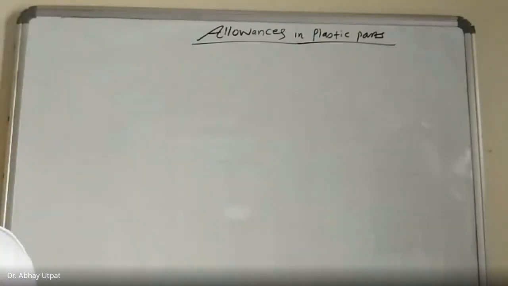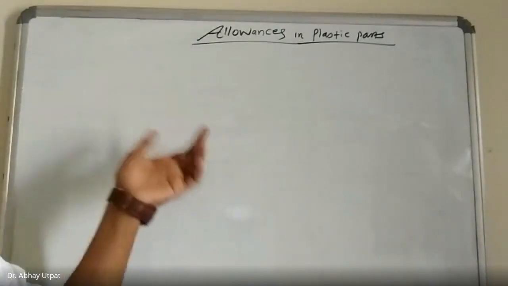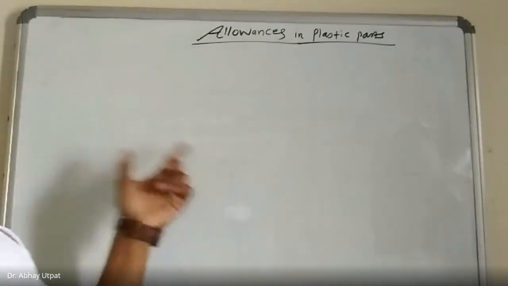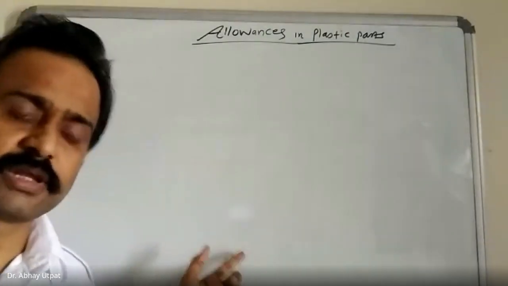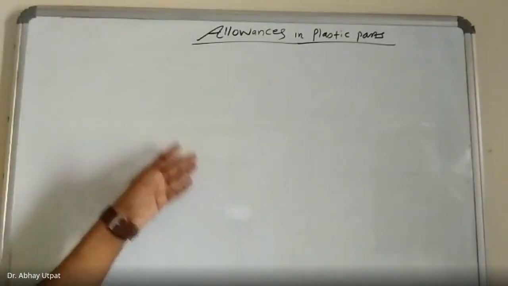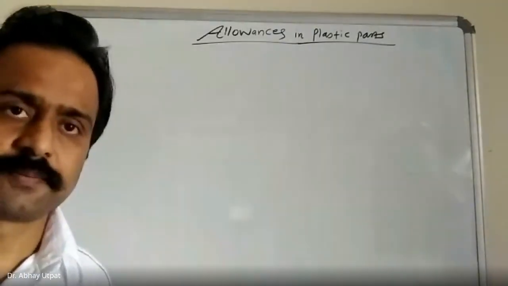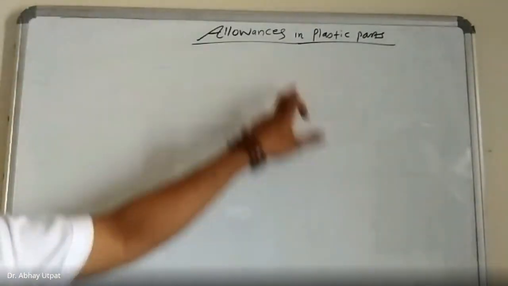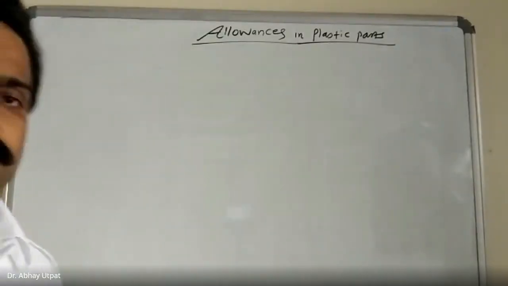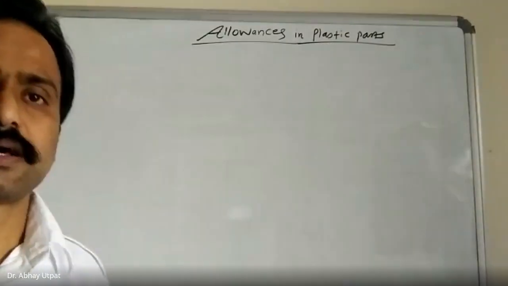There are a number of aspects which I already listed in the previous class: tolerances, allowances, then design of rib, wall thickness, that is minimum wall thickness, design of hole, then undercut, inserts, etc. So today in that sequence, the next important parameter is allowance.